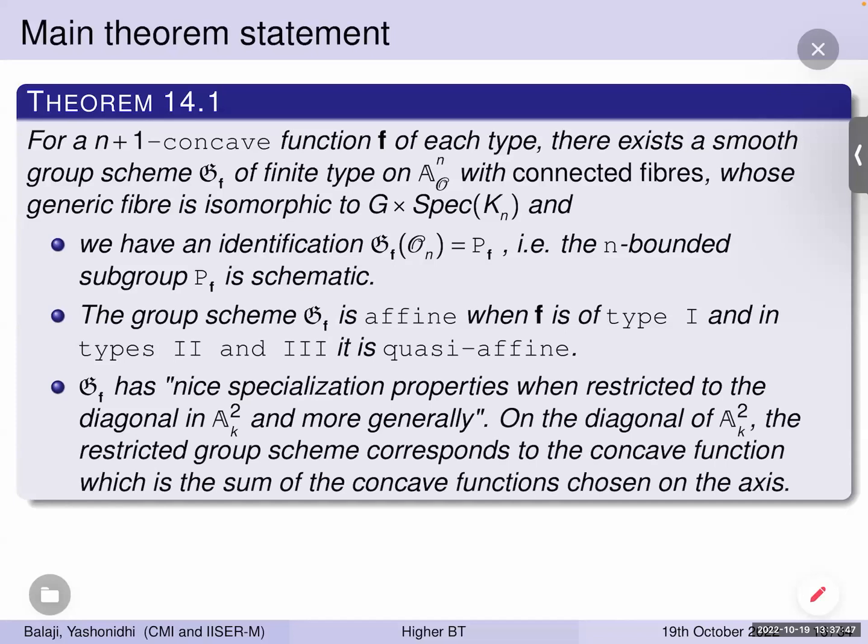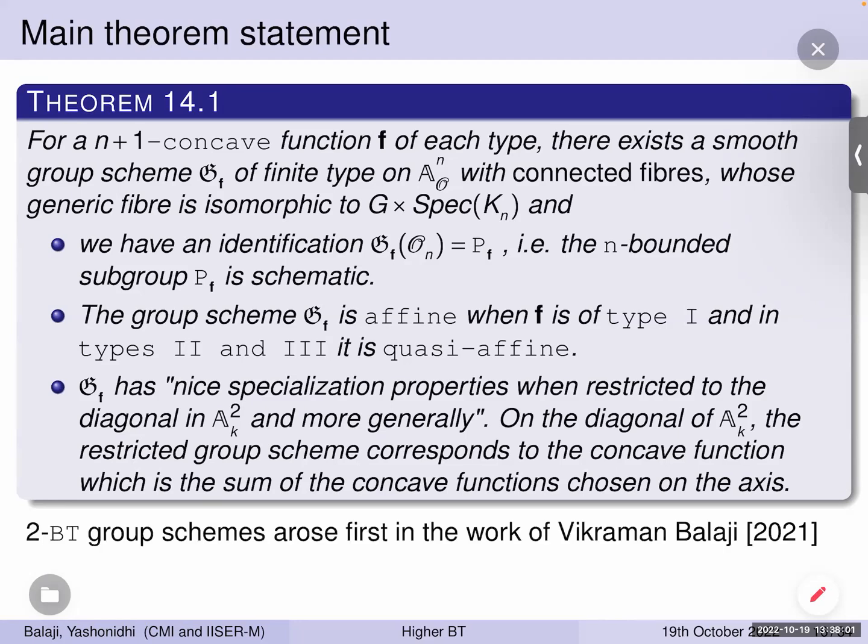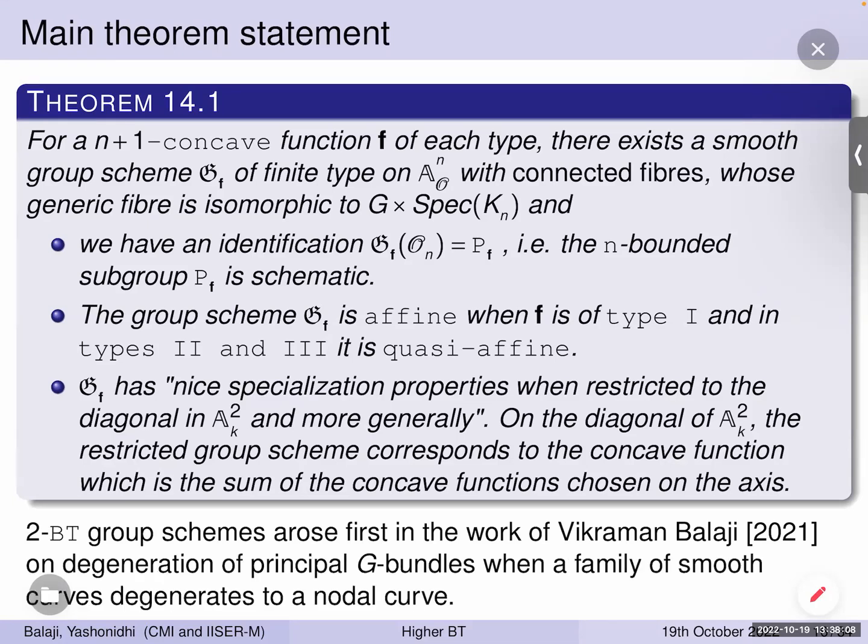On the diagonal of A^2_K, the restricted group scheme corresponds to the concave function which is the sum of the concave functions chosen on the axes. These BT group schemes arose first in the work of Vikraman Balaji on degenerations of principal G-bundles when a family of smooth curves degenerates to a nodal curve. So this is our main theorem.